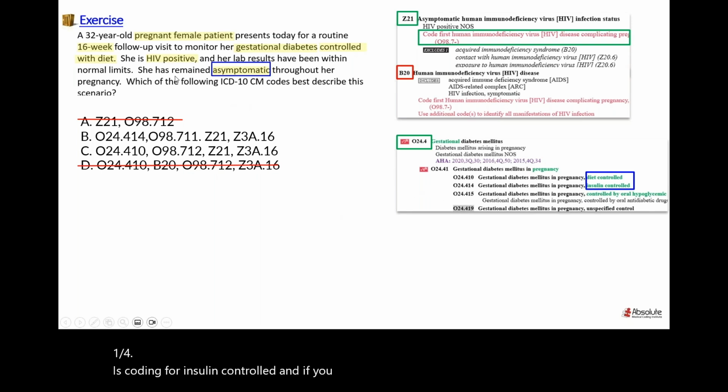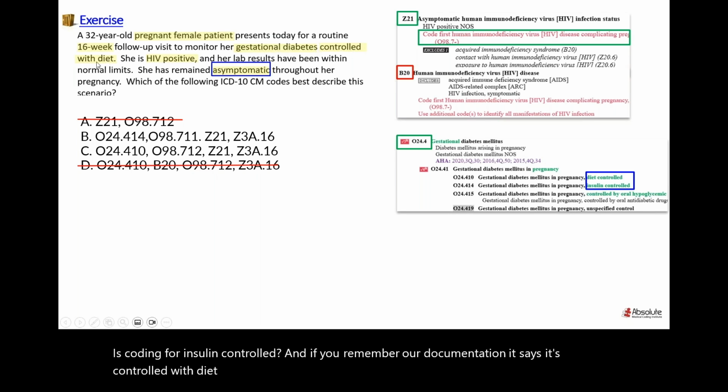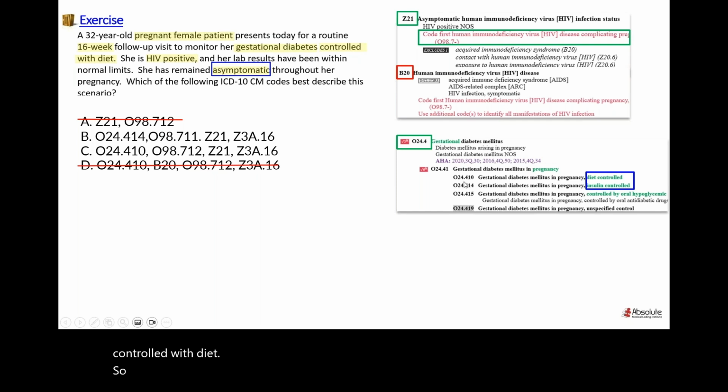And if you remember our documentation, it says it's controlled with diet. So O24.410 is correct, and O24.414 is incorrect. And that leaves us with C.